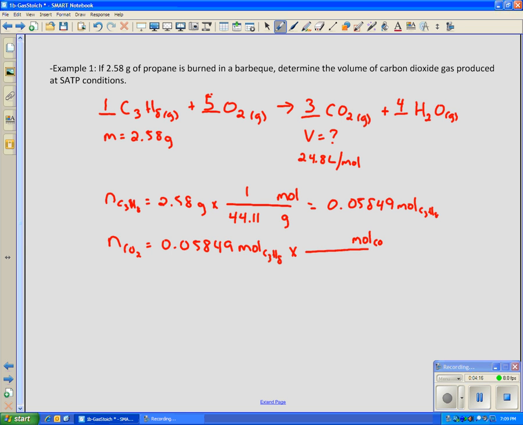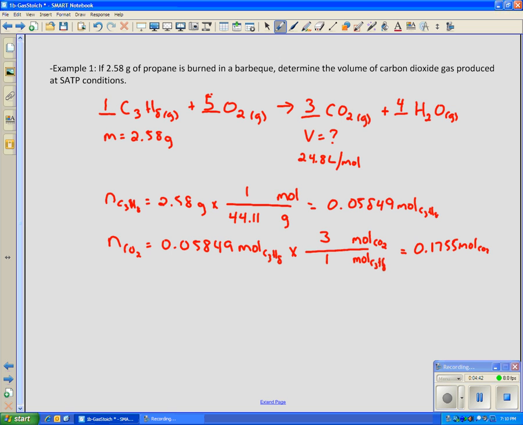So we want moles of CO2 on the top and moles of propane on the bottom. Looking back at your reaction, that means that we have a 3 on the top for the CO2 and a 1 on the bottom for the propane. So now we have 0.1755 moles of CO2.